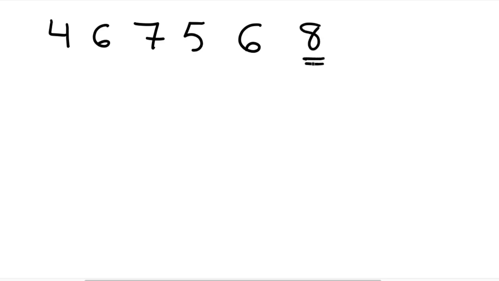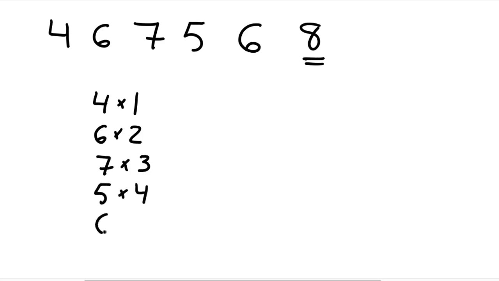Now for the staircase. We take the first digit and multiply by 1, the second digit and multiply by 2, the third and multiply by 3, and so on. Here, that gives us 4 times 1, plus 6 times 2, plus 7 times 3, plus 5 times 4, plus 6 times 5.